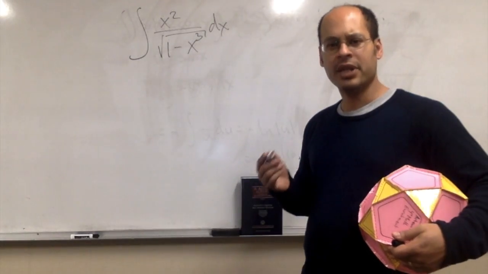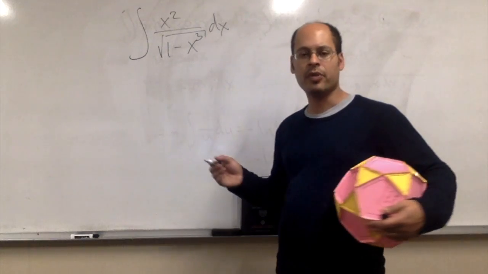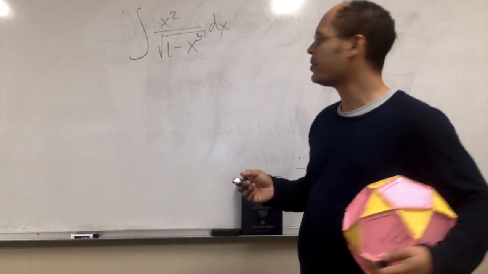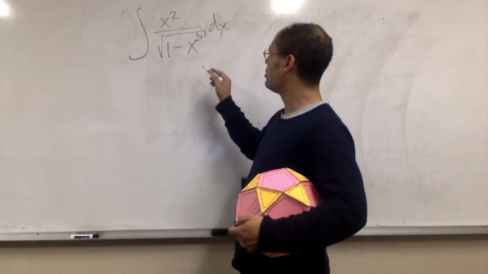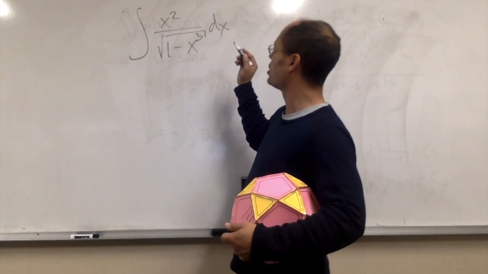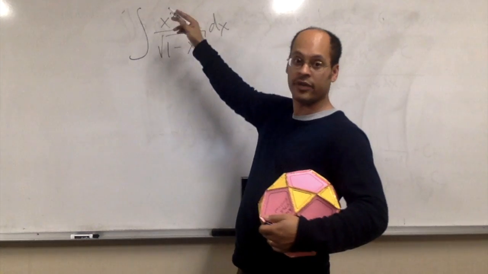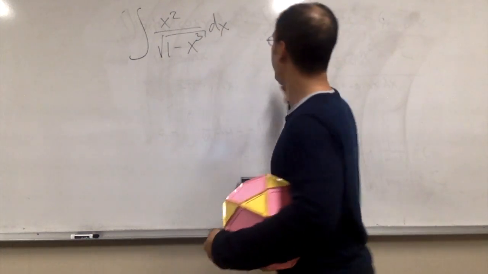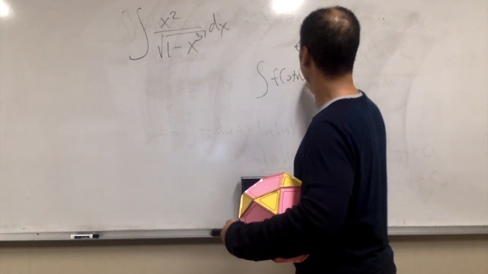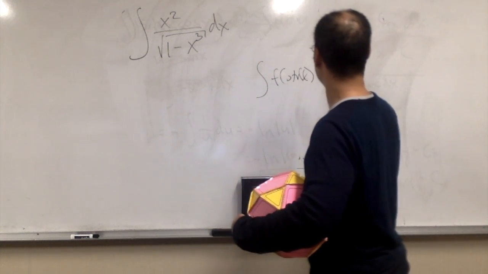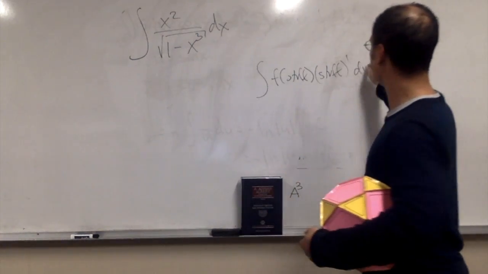All right, so for this integral, as usual, the question is what we should make u. So again, we're looking for some chunk to call u, and we're looking for something like its derivative sitting next to dx. So the pattern is we're looking at f of stuff, and then stuff prime times dx.